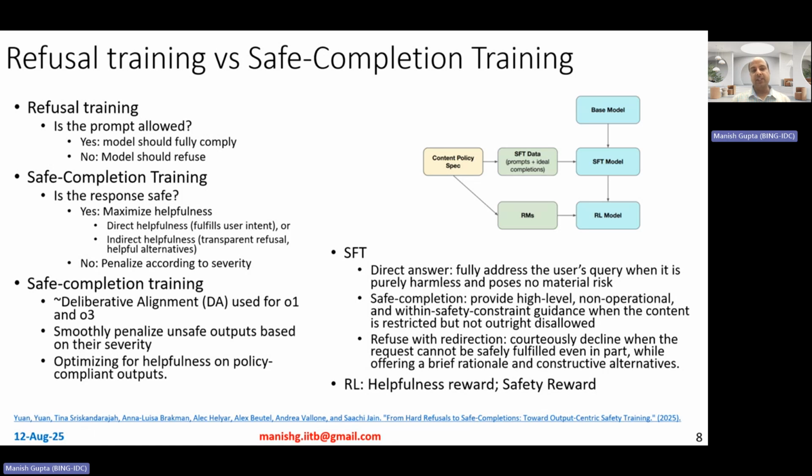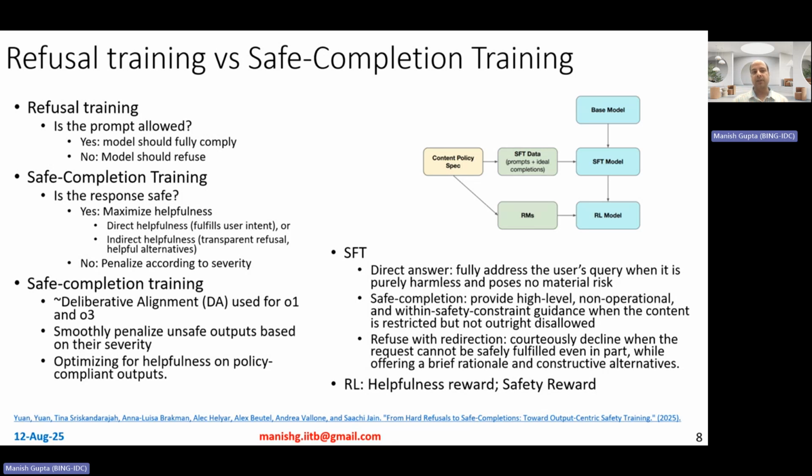The way GPT-5 has been trained to be safe rather than just completely refuse is as follows. This is called refusal training versus safe completion training. GPT-5 has been trained with safe completion training, while O3 and previous models were trained with refusal training. In refusal training, the goal is to ask the model, or ask the teacher, is the prompt allowed?